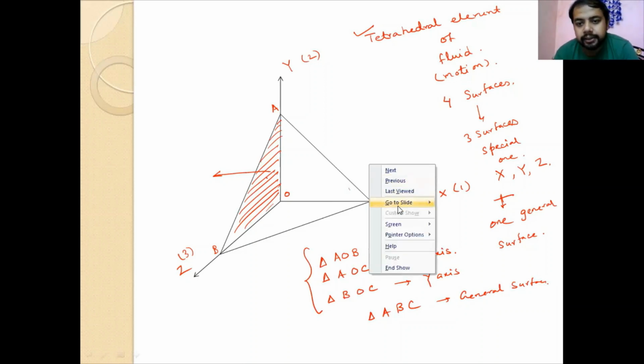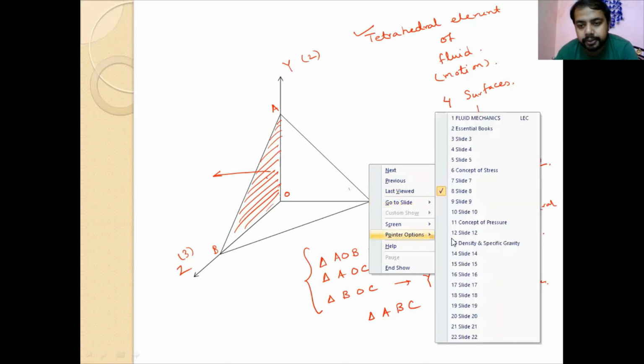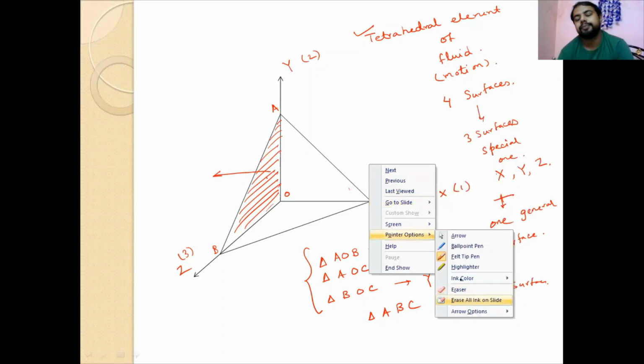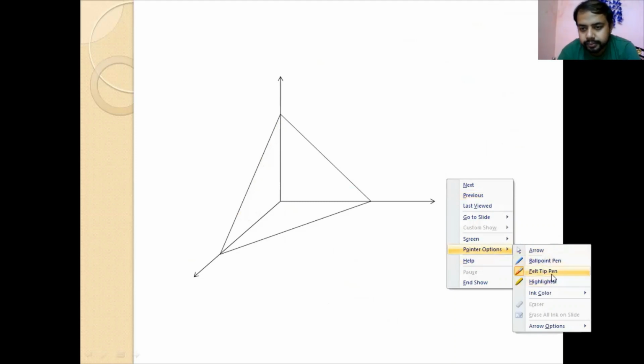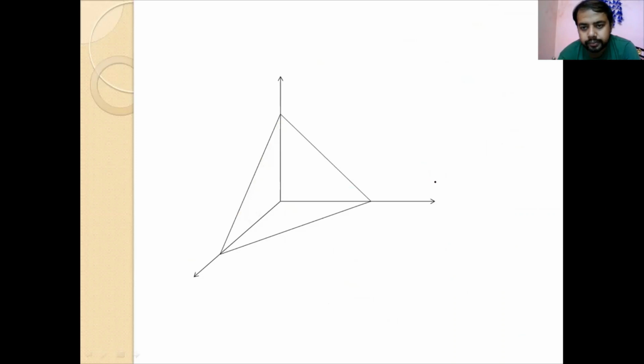Now we'll see the representation of it again here. So this was x1, the y direction and the z direction.